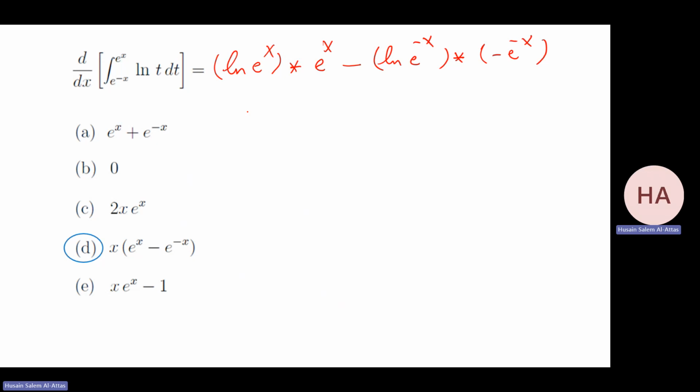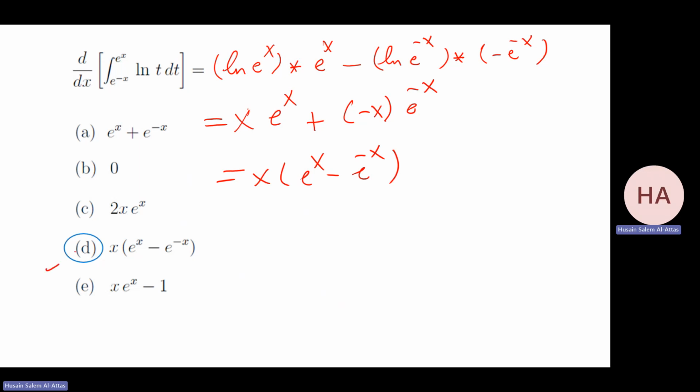It will be x e to the power x, minus times that would be plus, minus x is minus x. So I can take x as a common factor. I have e to the power x minus e to the power minus x, which is this.